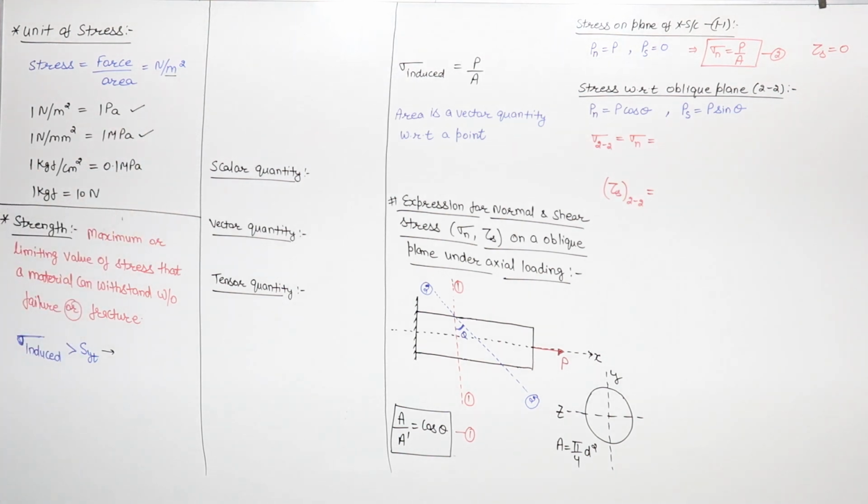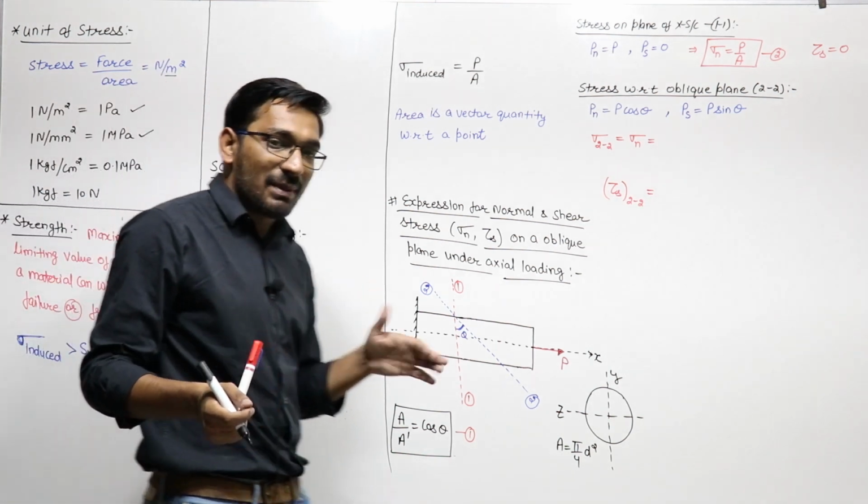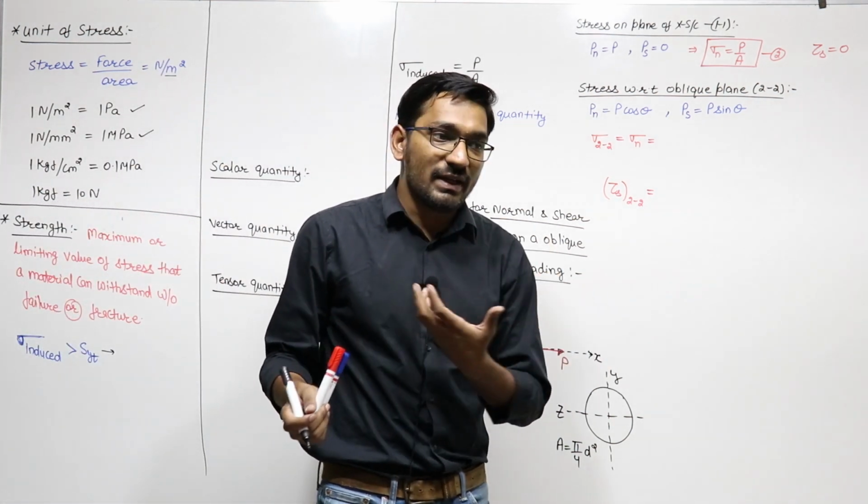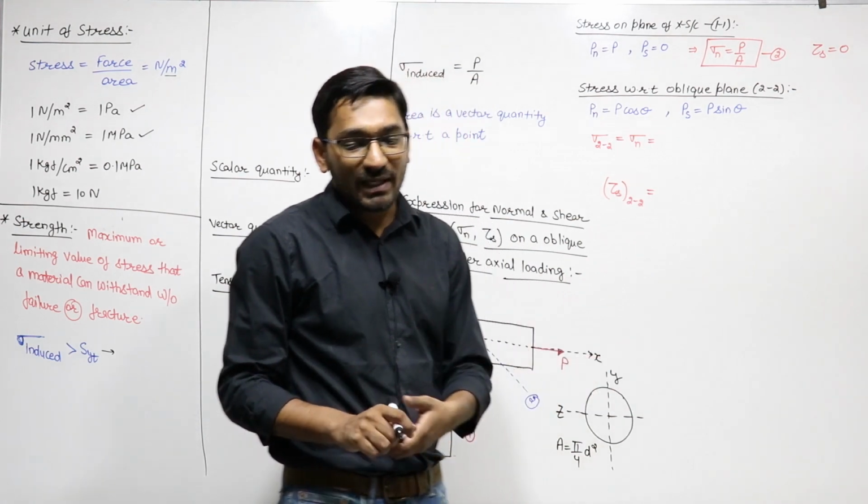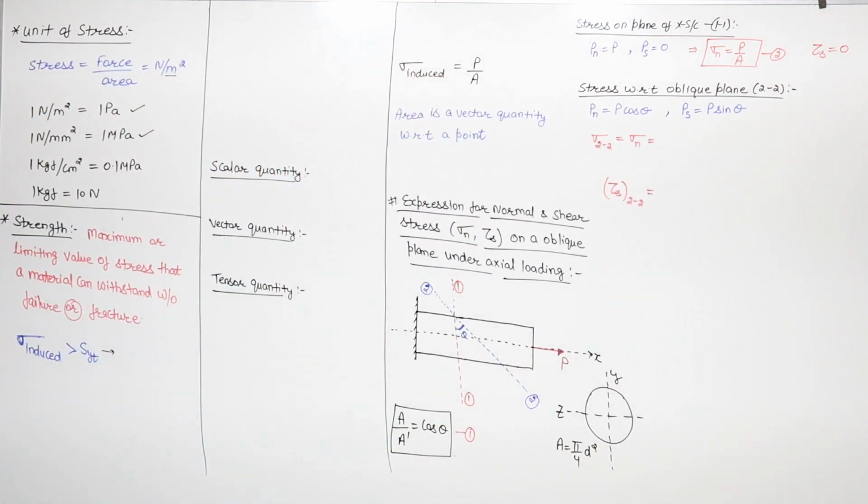Just remember, because in strength of material every dimension will be given in mm, and every property of metal will be given in gigapascal or something like that. So we have to deal with megapascal frequently. So 1 Newton per mm square is 1 megapascal, and if in the question it is given in CGS unit, that is 1 kgf per centimeter square, so you can say 1 kgf per centimeter square is 0.1 megapascal.